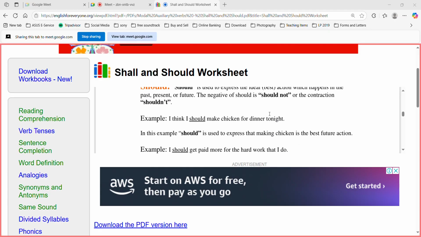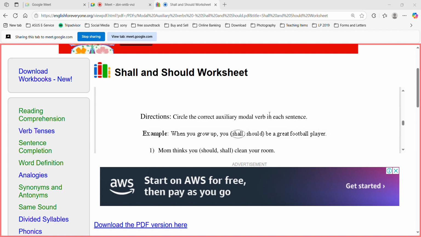All right. So this is the last task for you before we end our class today. Circle the correct auxiliary modal verb in each sentence. So example, when you grow up, you shall be a great football player.